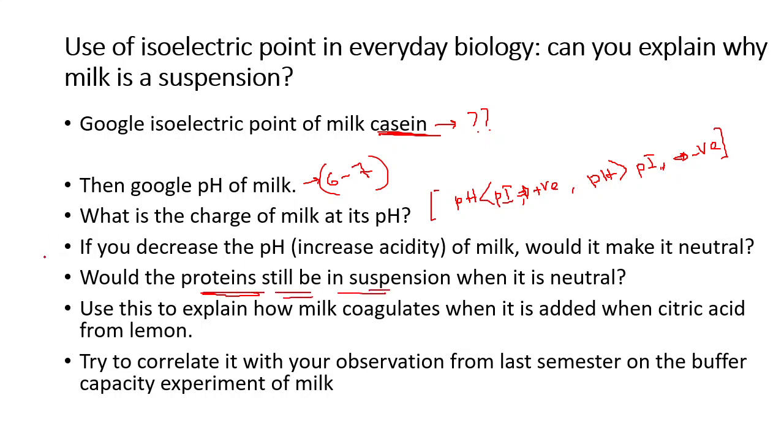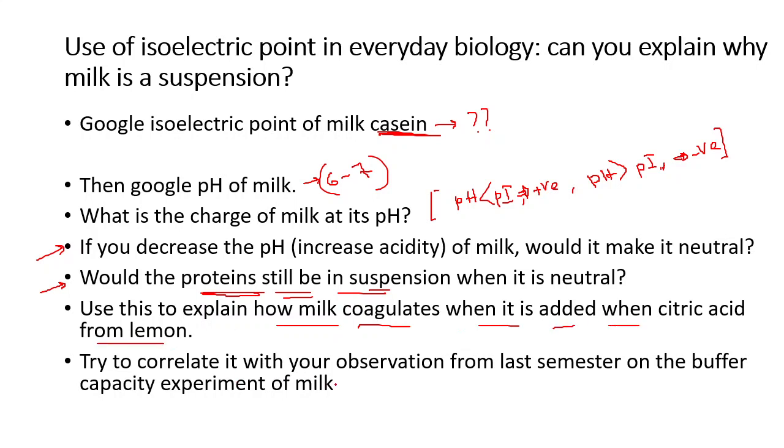Can you use this point to understand how milk is a suspension at its natural pH, and then expect what would happen when it reaches the isoelectric point? You can use this to explain how milk coagulates when citric acid from lemon is added.